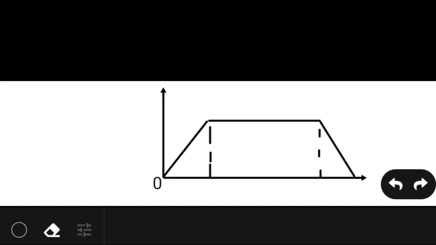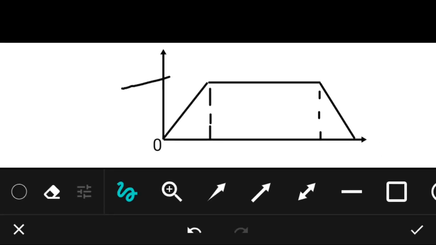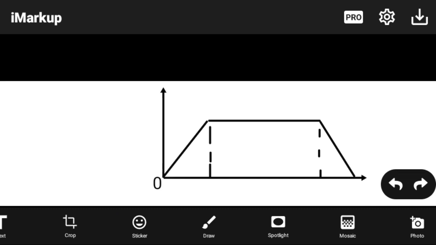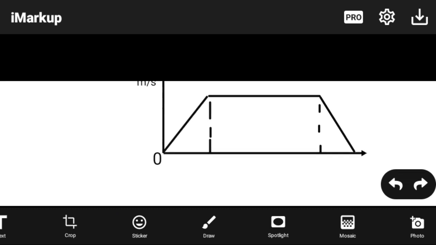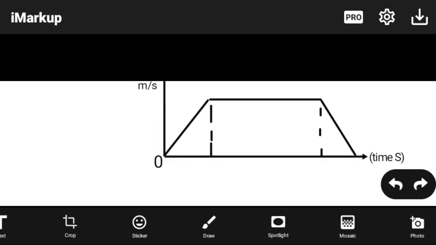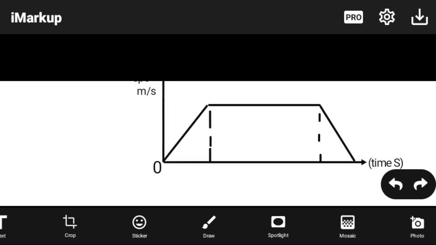Then the next thing is, this side here we need to have the speed in meters per second, then this other side we need to have the time in seconds. So I'll put my speed there, speed in meters per second, then down there I'll put my time in seconds. Then we can now proceed by putting some numbers there.